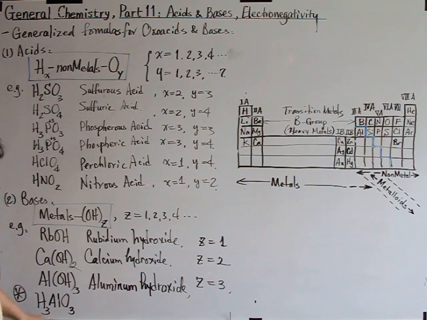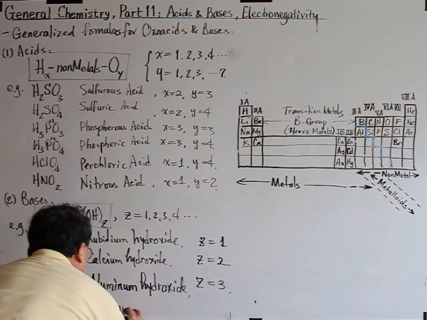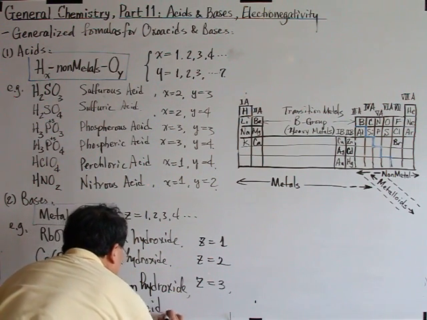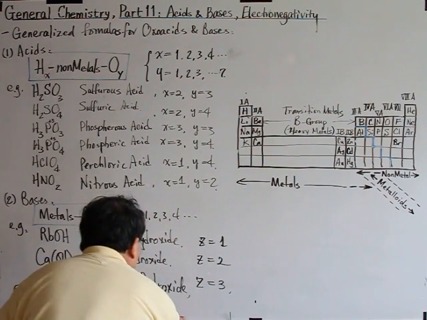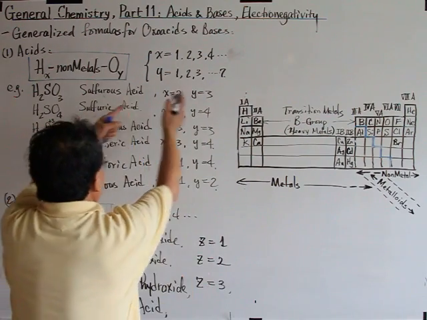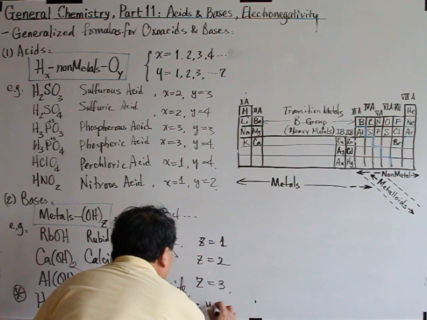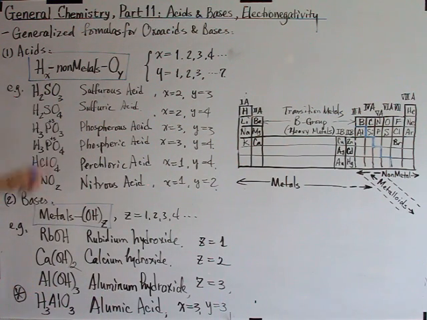H3 non-metal O3. That fits into the generalized acid form, and that's what is called aluminum acid. If it's not correct, let me know, I'll check tonight. And in this case, Z is not applied. Well, X, Y. What's X? X equals 3. What is Y? Y equals 3. That is fitting to the acidic format.